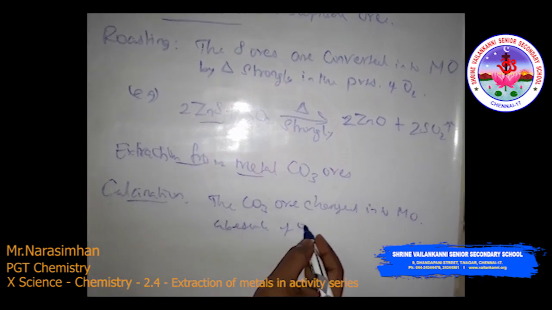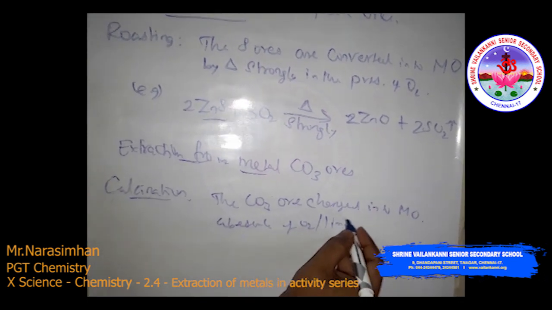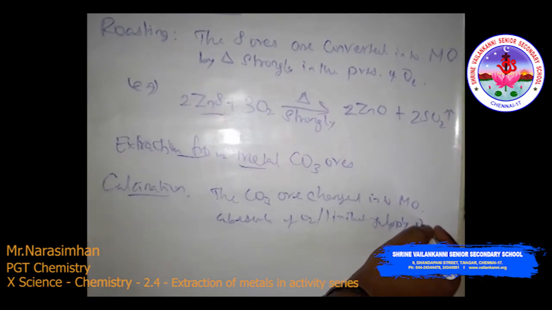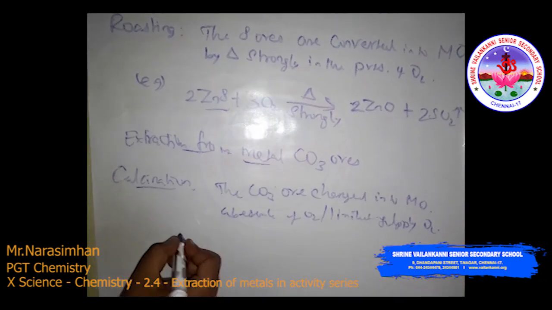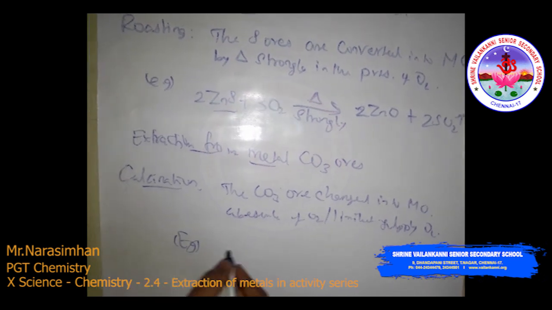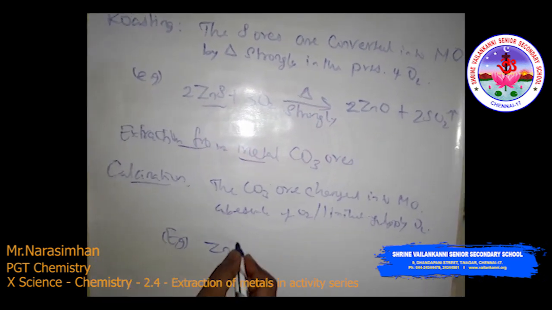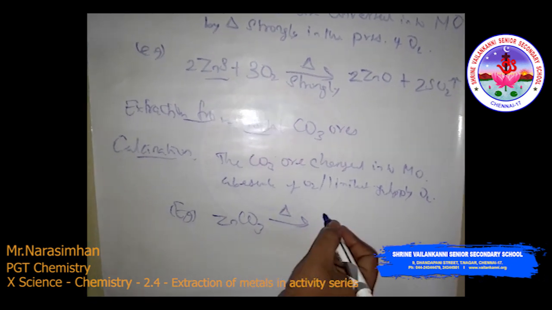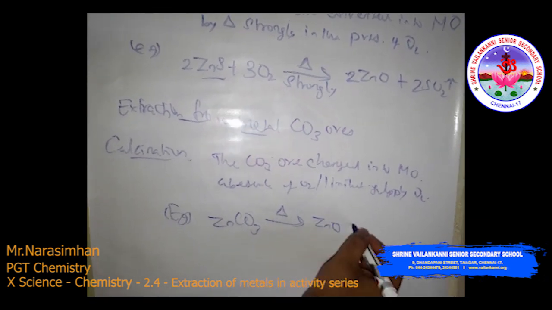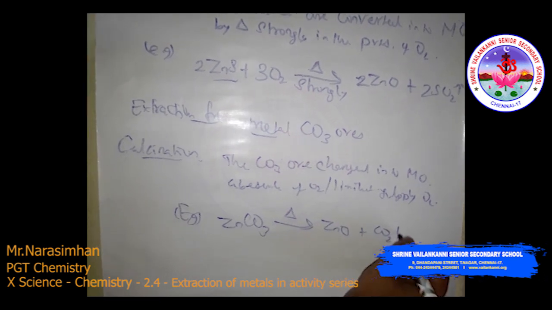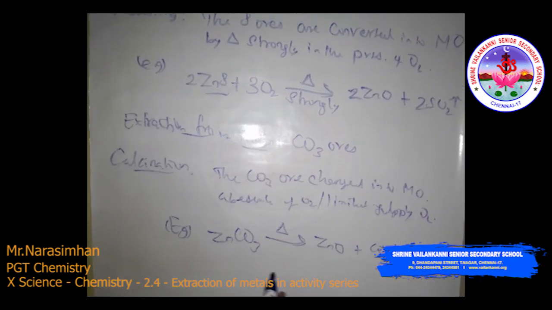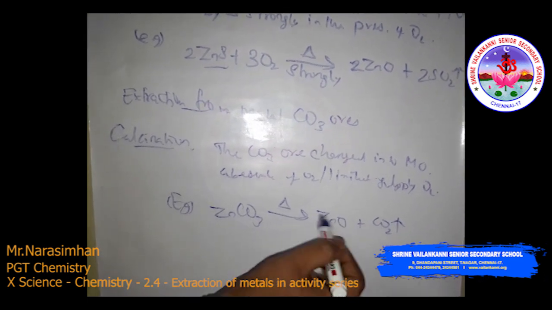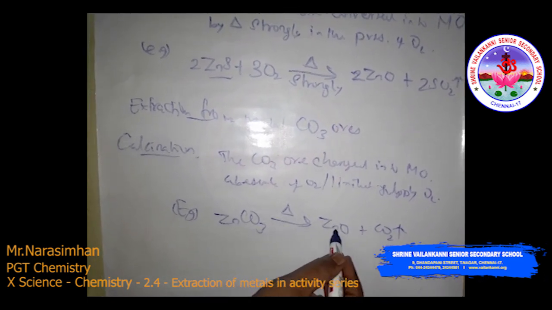An example reaction is zinc carbonate, ZnCO3, on strong heating converts to zinc oxide and carbon dioxide. Further, you can use a reducing agent to remove the oxygen from this.